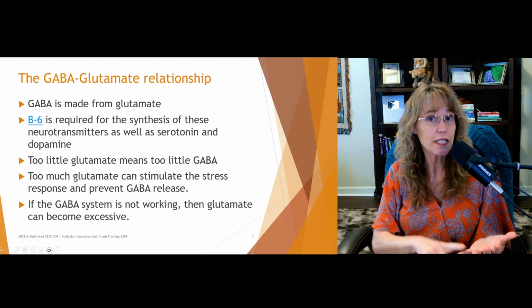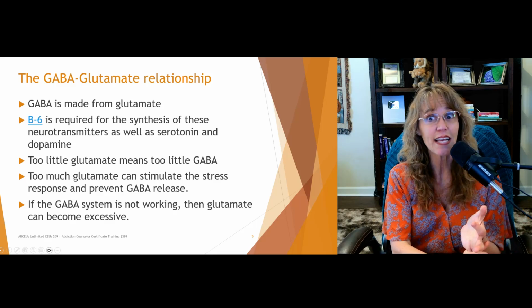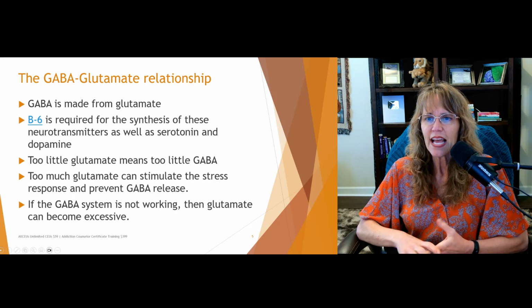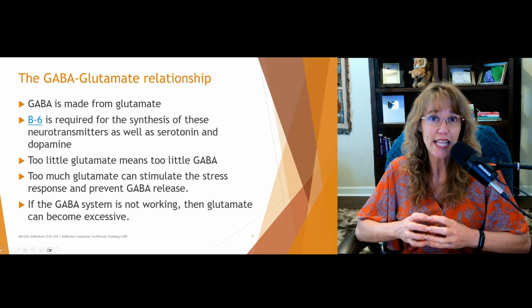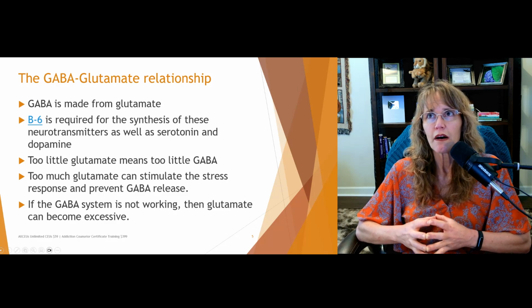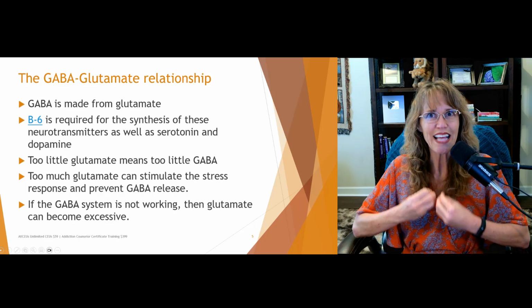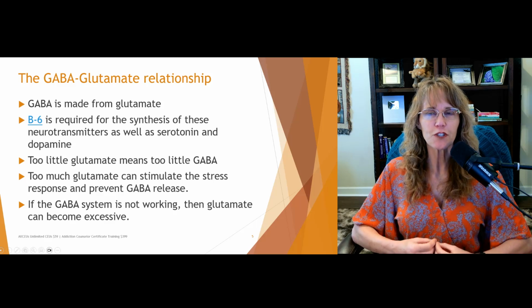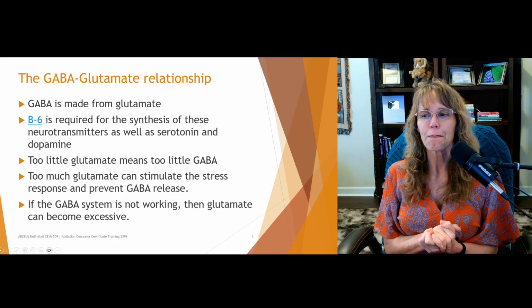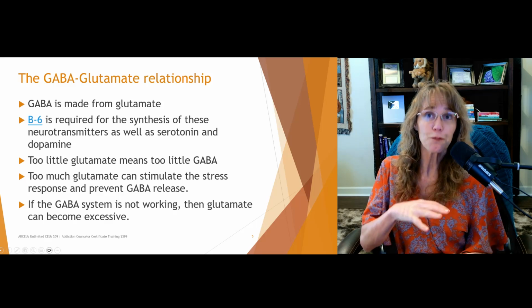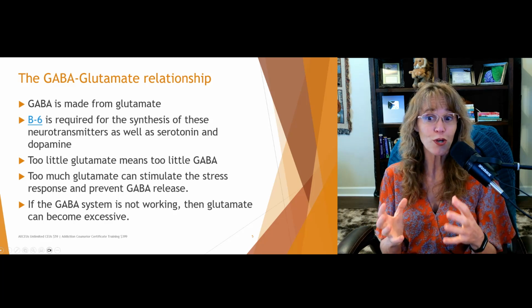And think about CPTSD or generalized anxiety disorder. If the GABA system is not working, then glutamate can become excessive. If people have difficulty relaxing, if people have difficulty feeling safe, again, CPTSD, then glutamate is probably going to be much more dominant.